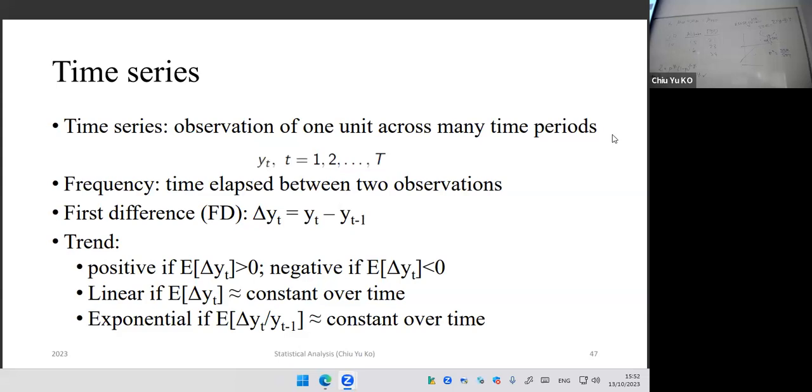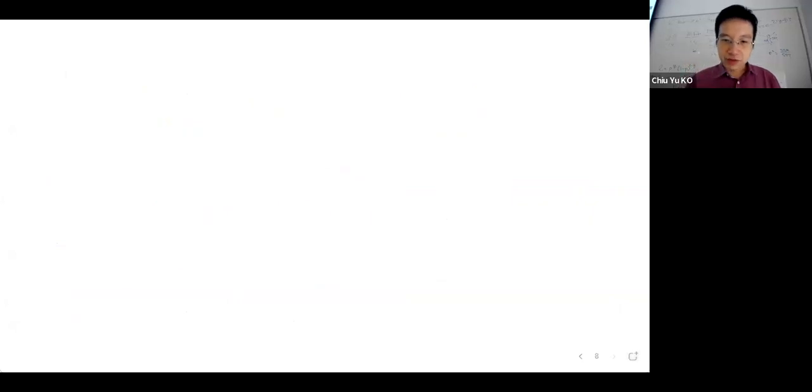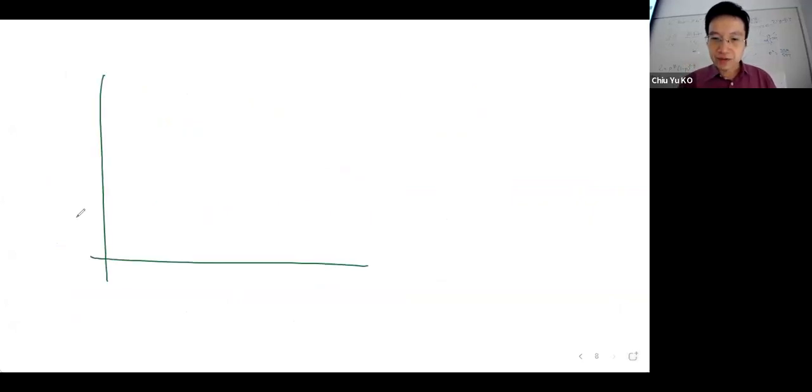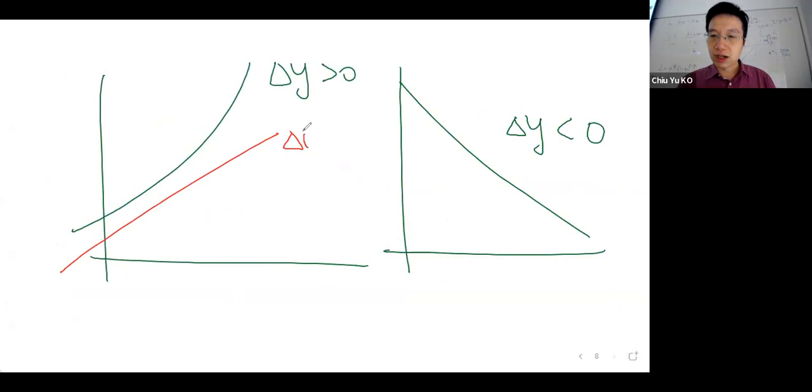And whether it is linear or exponential, so maybe I draw a graph, maybe easier to understand, because it should be very slippery right now for many of you, right? If this, that means delta y is positive, okay? And this is delta y negative, right? And this is delta y.